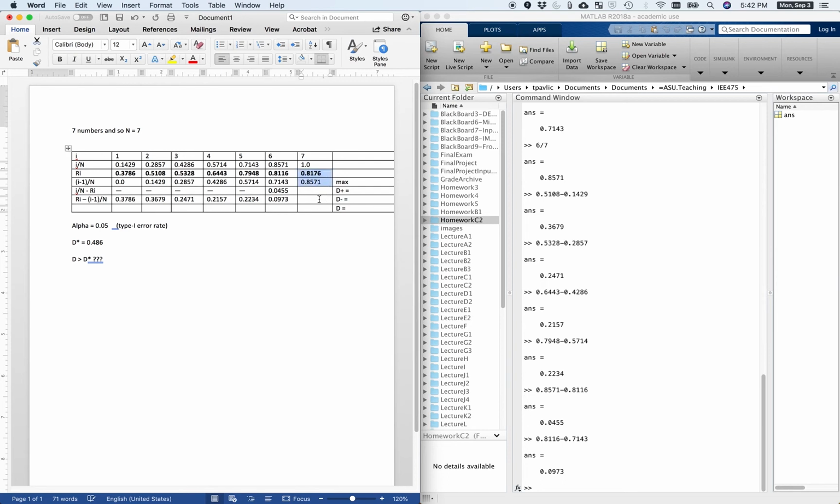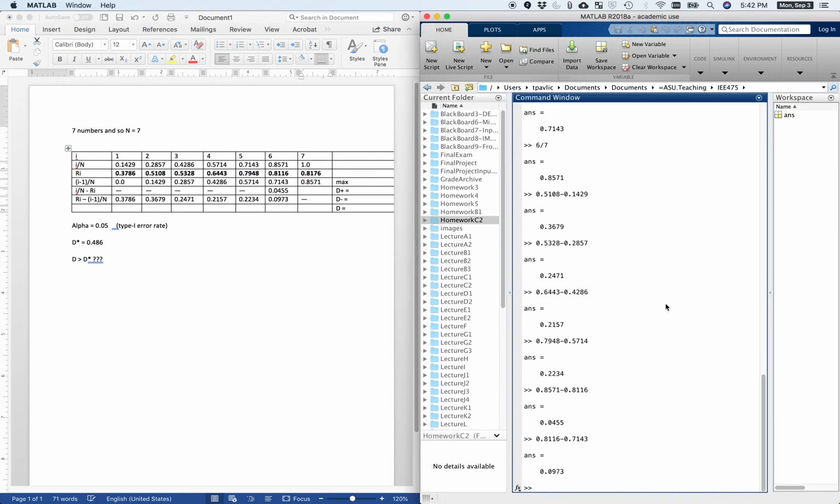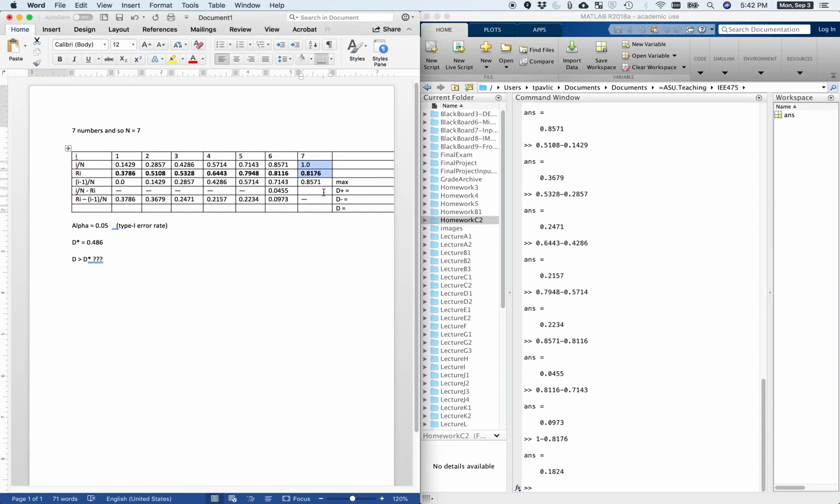This one will be negative, so don't worry about that. But this one is 1 minus 0.8176, which is 0.1824.